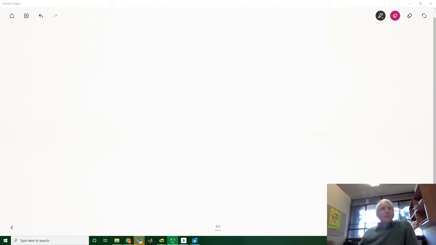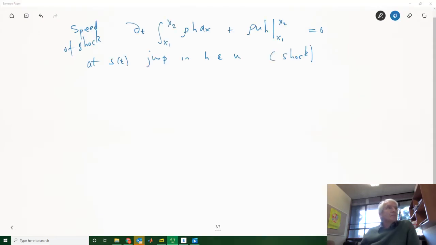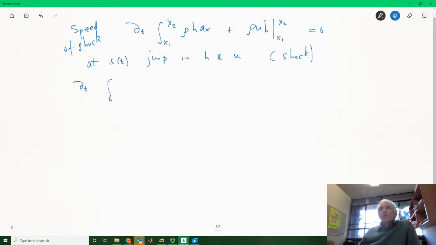So what does that tell us? Okay, so we get d by dt of the integral from some constant x1 to the position of the shock, and then from the position of the shock, because remember it jumps at that point, to x2, of rho times h. And when we take the integral inside and we shrink it down, it's going to vanish.